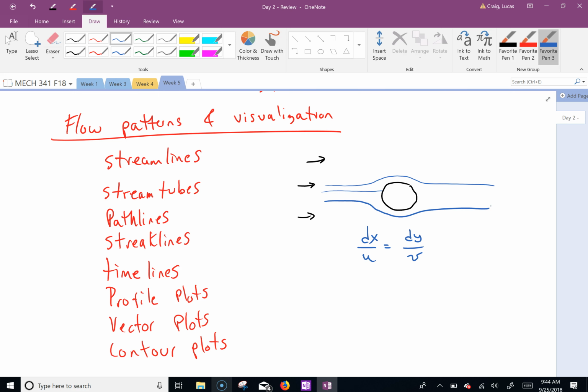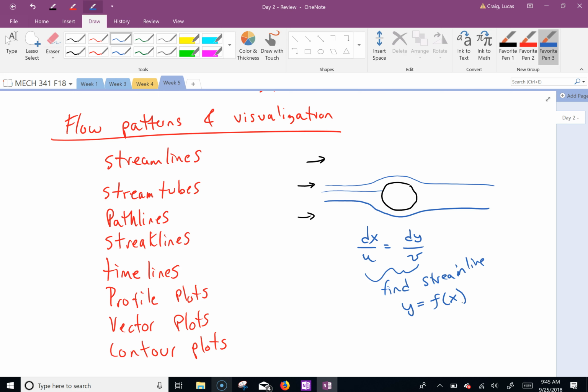And when you find the streamline, what does that mean? That means you're solving for y as a function of x, okay? So when you do this, you actually solve for y on the left and x is on the right. Questions on that?